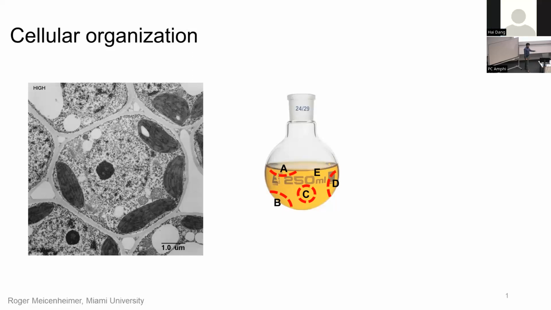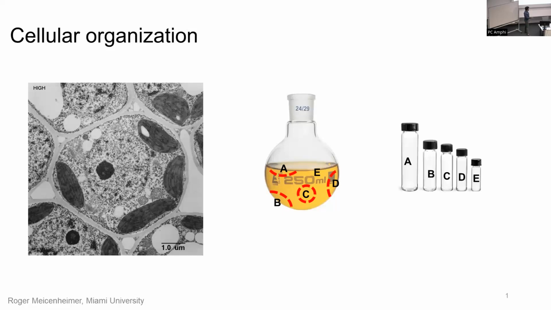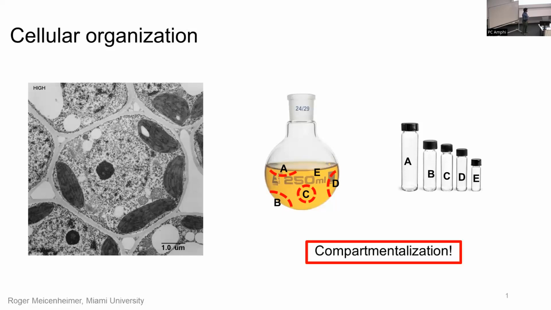So after 5 minutes, I'm going to switch it up, and then the reactions have to move to different places. And of course, this is a completely crazy and impossible idea. If I gave it to a student, they would be smart not to listen to me. And instead of doing the reaction in one round bottom flask, do it in a lot of tiny vials. And this is a very silly analogy to show you the importance of compartmentalization in the cell.